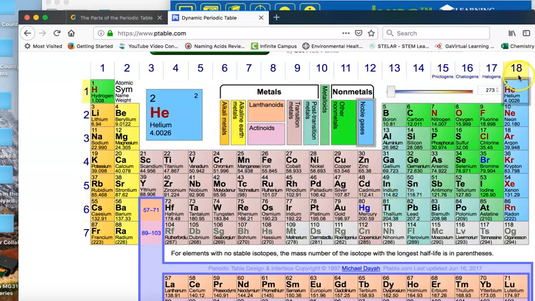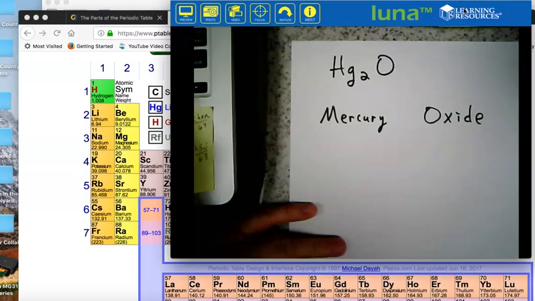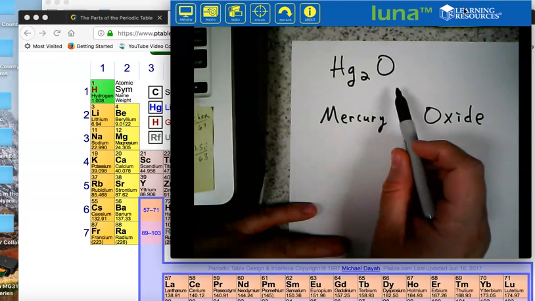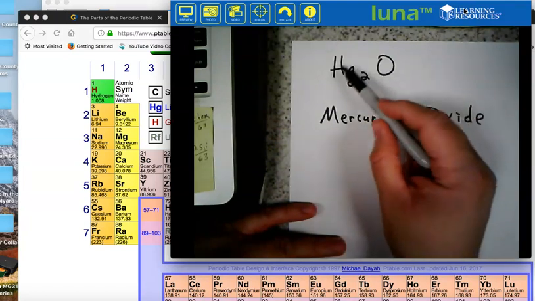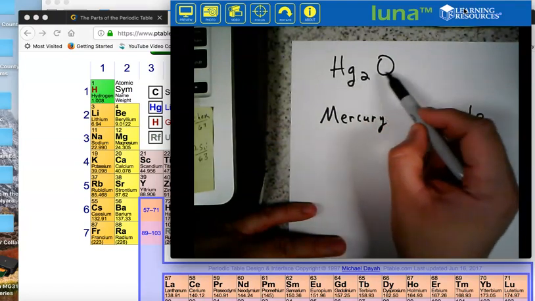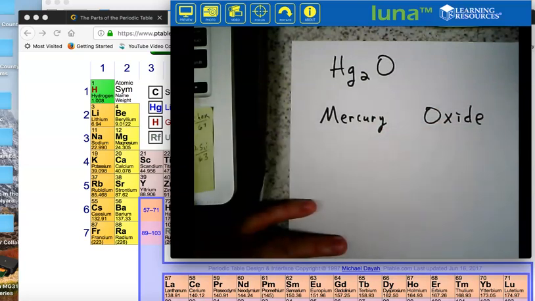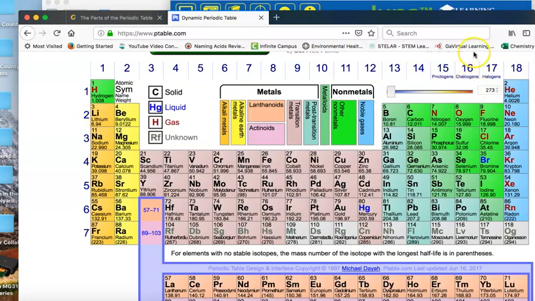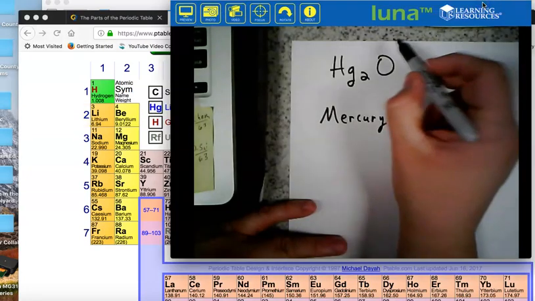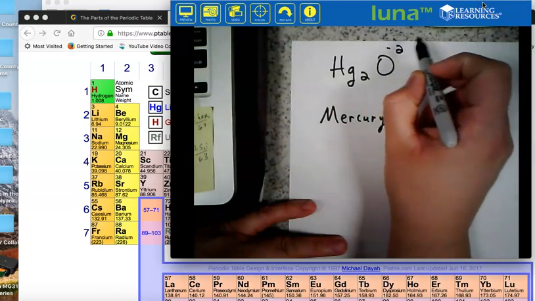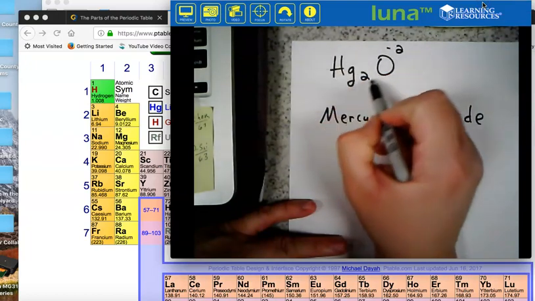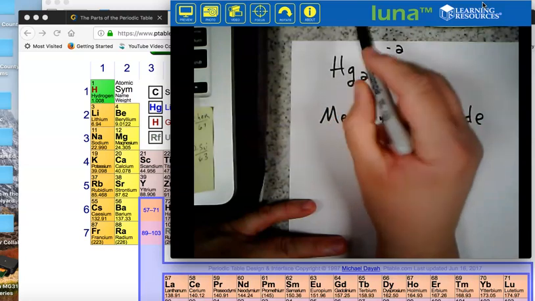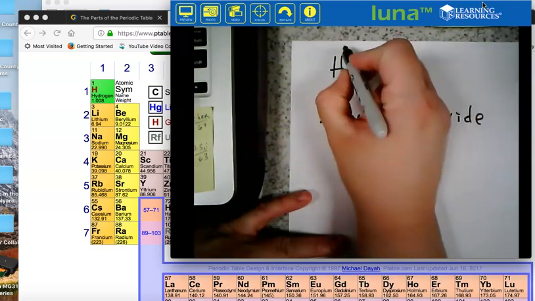Okay, so we have to use a little bit of math to figure out the charge on mercury oxide. Because we don't really know the charge on the metal, we know the charge on the nonmetal. If we look up oxygen, remember oxygen has a -2 charge, all right? And so if oxygen has a -2 charge, then mercury has to have a +1 or +2 charge overall, right?